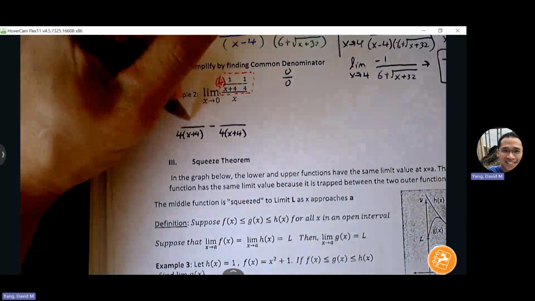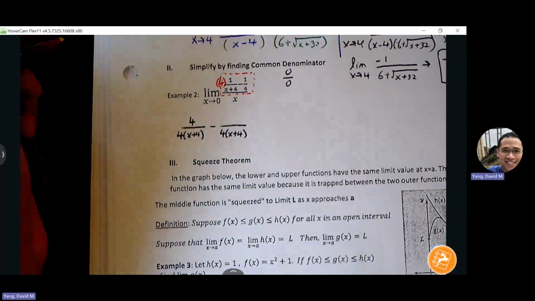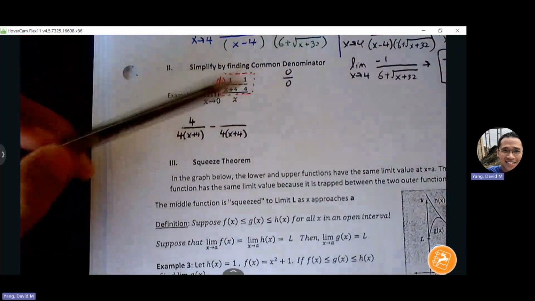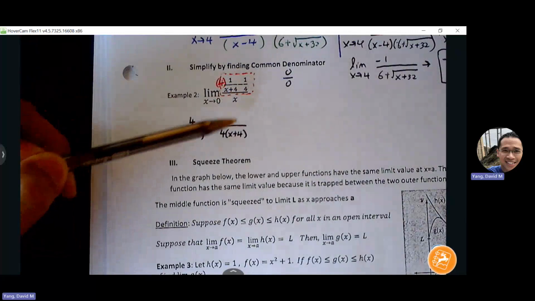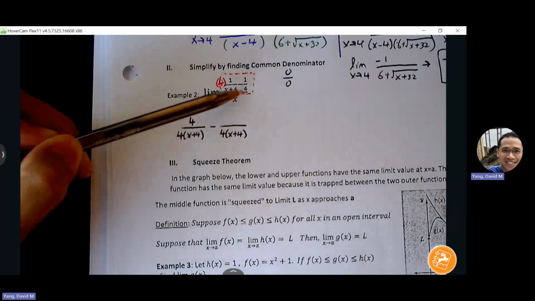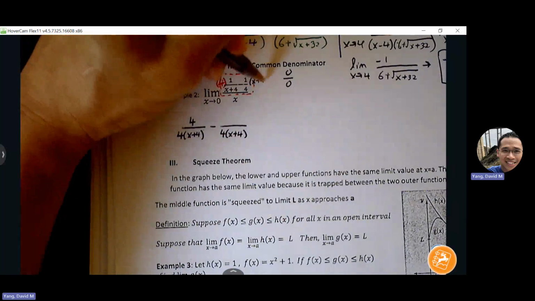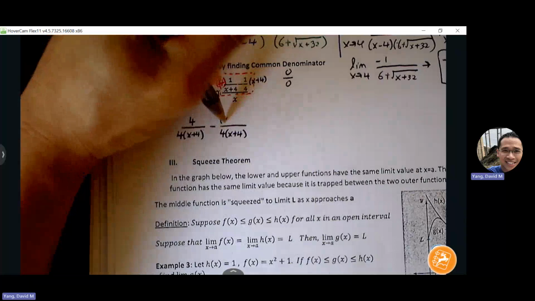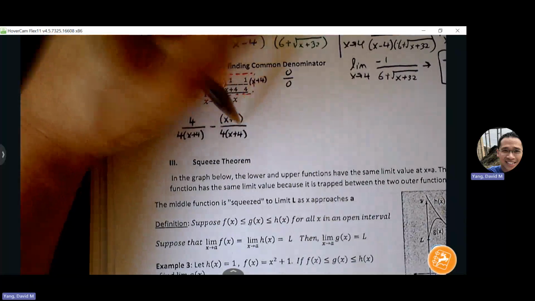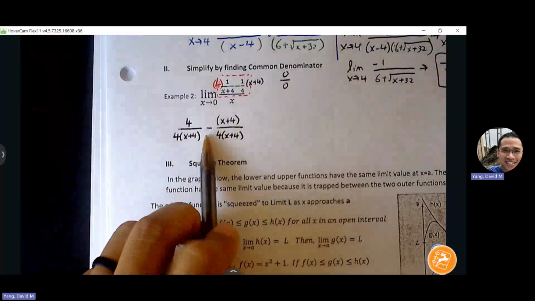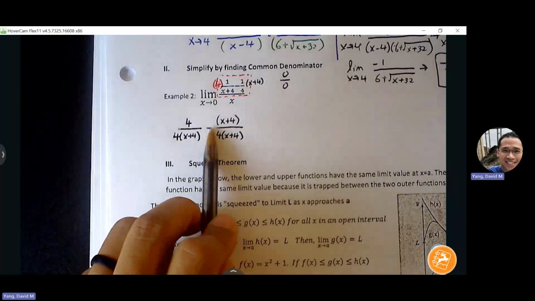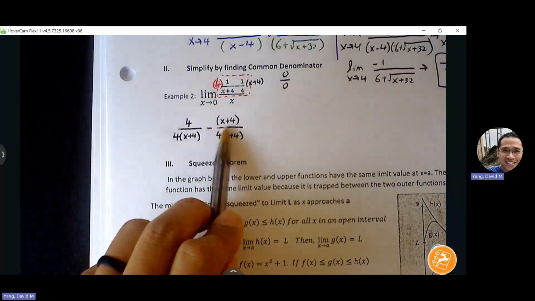So I need to multiply the top by 4. Now, what's changed between this old denominator and this new denominator? X plus 4. So I need to balance the numerator with an x plus 4 because I did that with the denominator. Keep it in a set of parentheses because there's a minus sitting here. We've got to make sure we distribute that through.